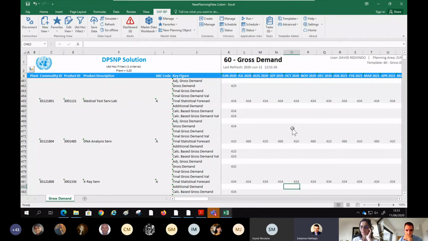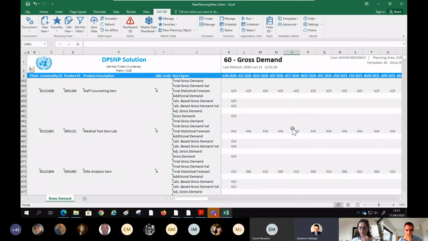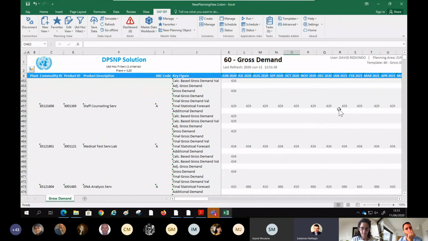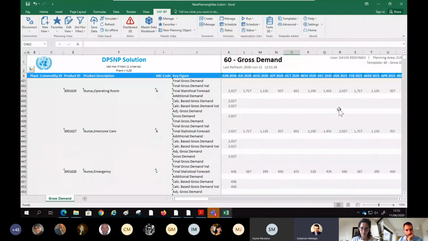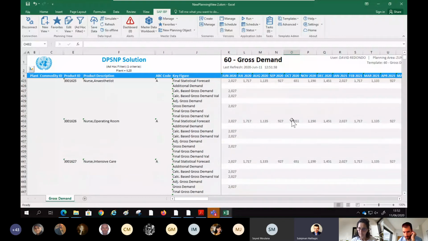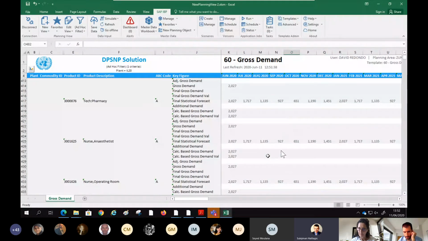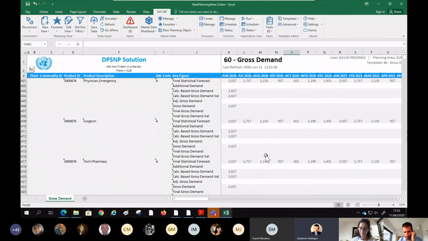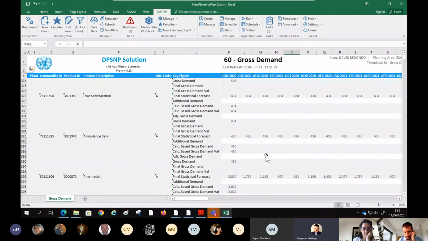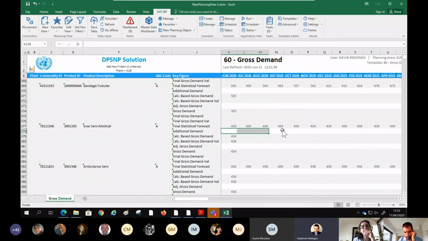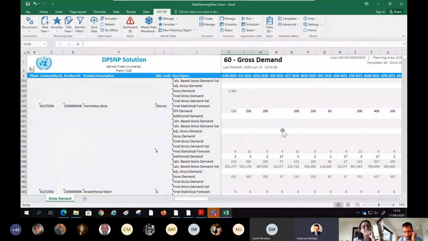Either we make this field not editable because it cannot be reflected in any of the 3 buckets, or, for me, it doesn't make sense that you have a whole process where you have the opportunity to adjust, and then you adjust just gross demand with no connection to any of the 3 buckets that we were discussing for the last 8-9 days.